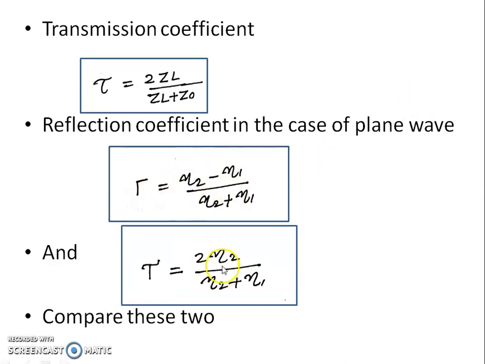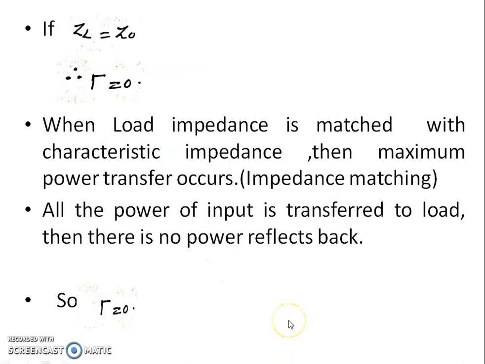On comparing these equations, they are almost the same. So for a transmission line and for a plane wave, the equations of the transmission coefficient and the reflection coefficient are similar. That is a thing to be noticed.